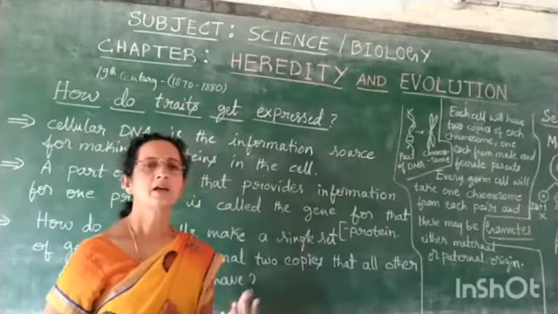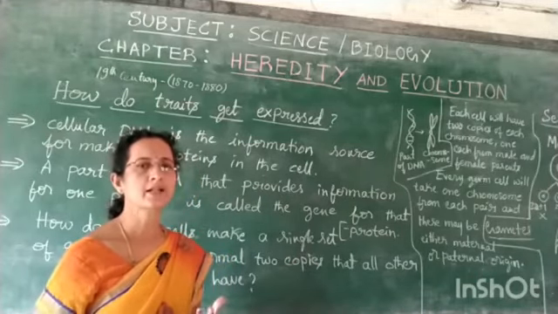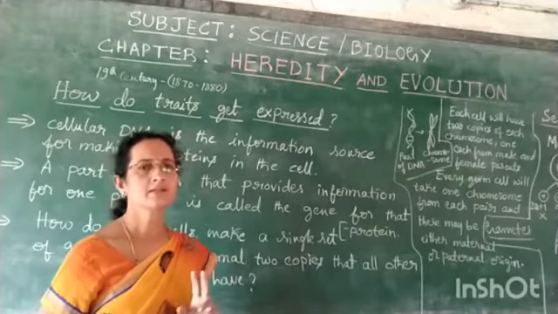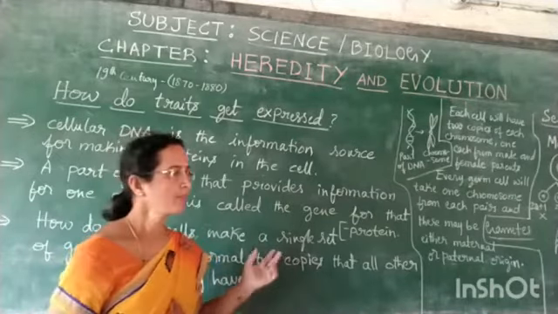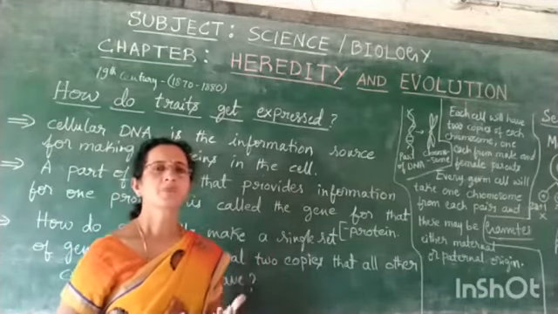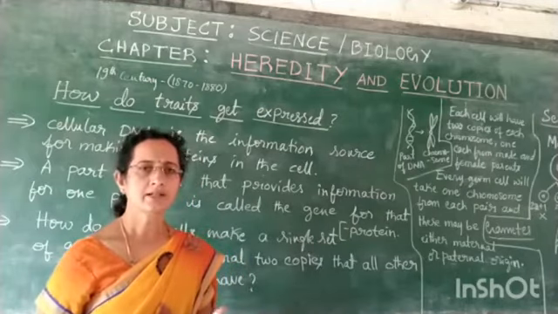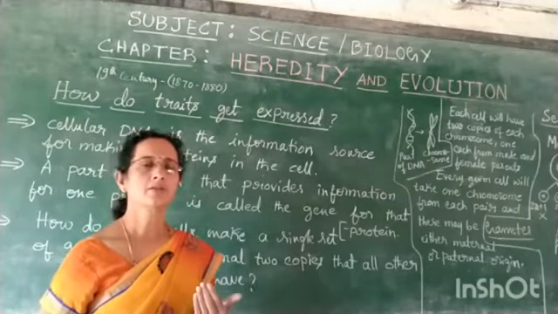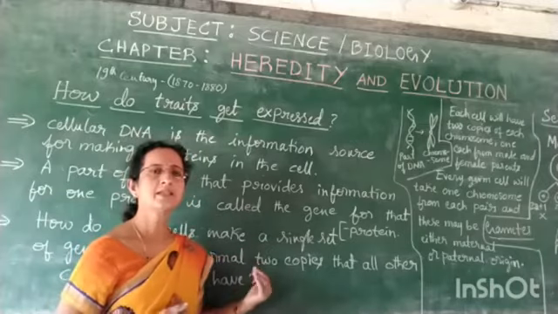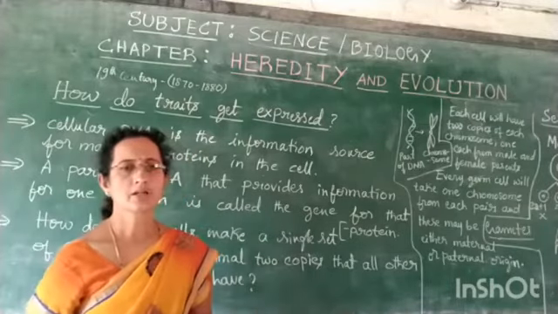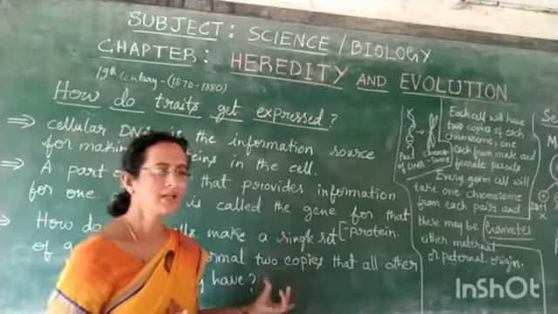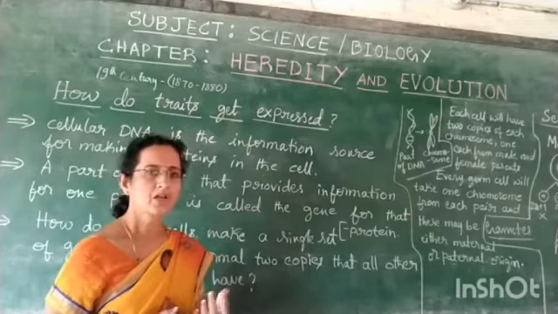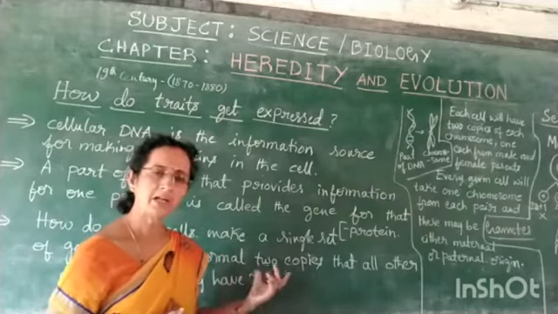Here the characters are said to have 2 contrasting factors. For example, the length of the stem had contrasting characters, tall and dwarf. Here tallness is dominant over shortness.